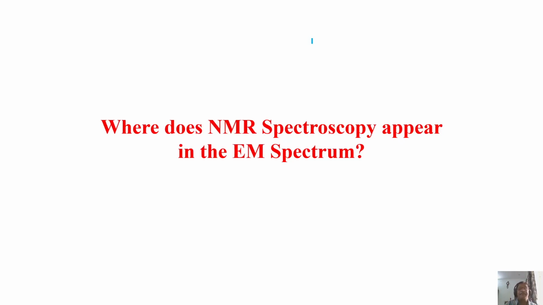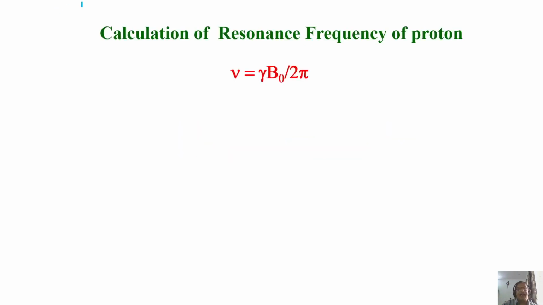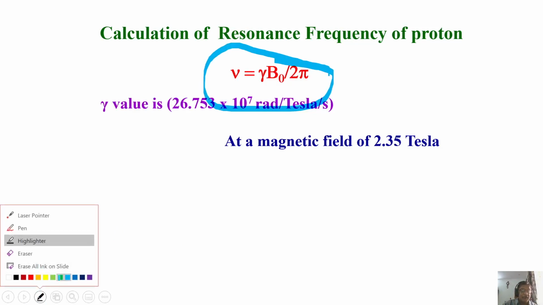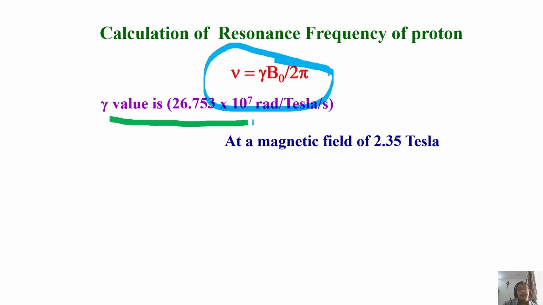Am I right? Now let us understand where NMR spectroscopy appears, or where the frequency appears if I calculate for a different magnetic field. We will do that. We'll calculate the resonant frequency of the proton using this resonance condition. Of course, I have been telling you the gamma of proton is 26.75 into 10 to the power 7 radians per Tesla per second.